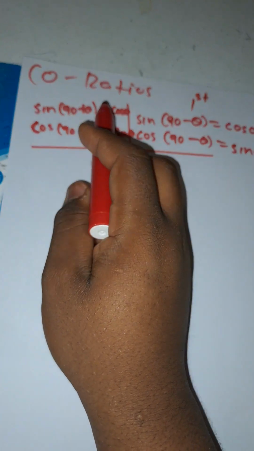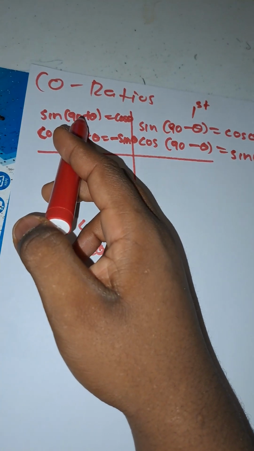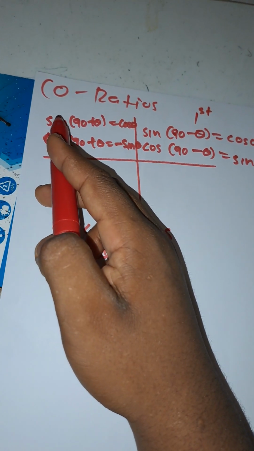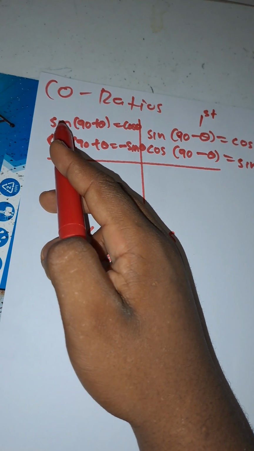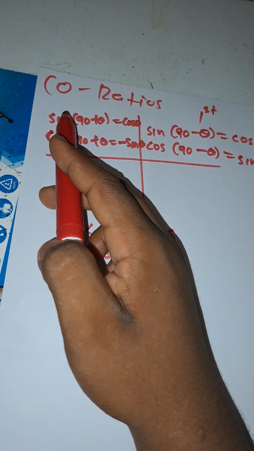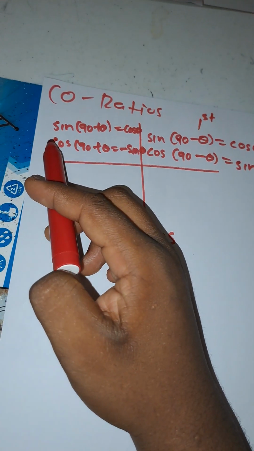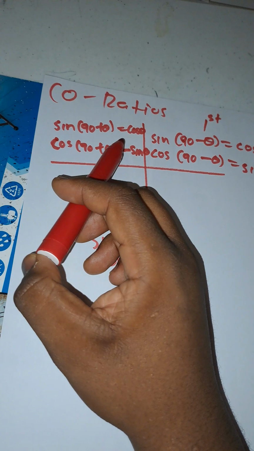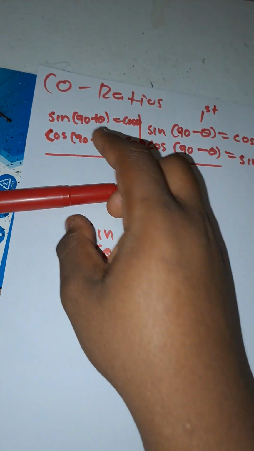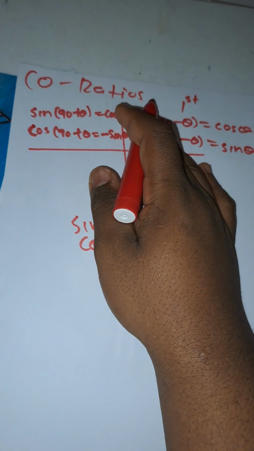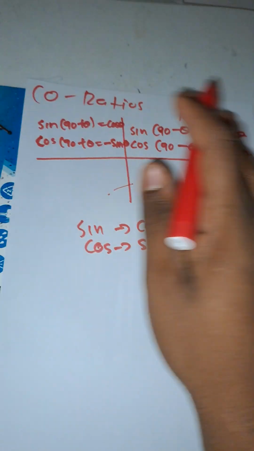But in the second quadrant, it is 90 plus theta, which is positive for sine only. Sine 90 plus theta is equal to positive cos theta. But cos 90 plus theta is negative sine theta. The reason for that is, remember, in the second quadrant only sine is positive.